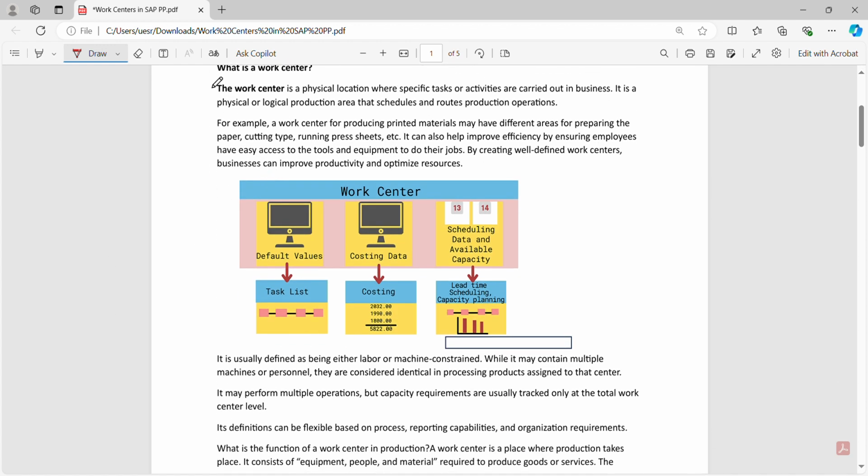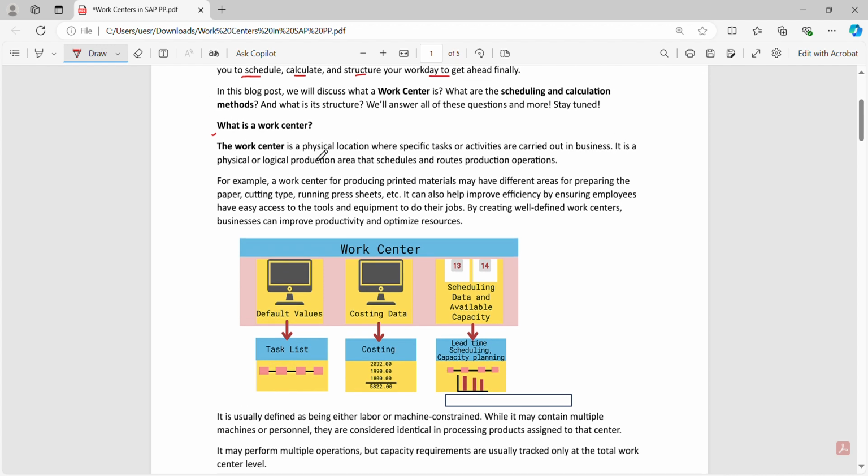So, what is work center? If we see here, work center is a physical location, first thing, where specific tasks or activities are carried out in business. It is a physical or logical production area that schedules and routes production operations.